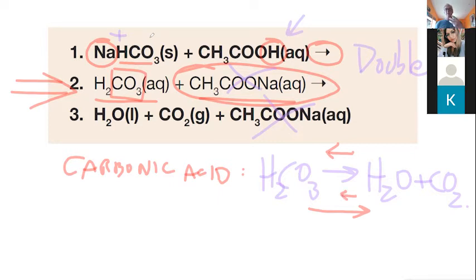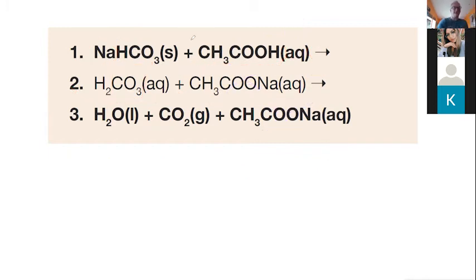So you see very little carbonic acid and you see more H2O and CO2. So it's in equilibrium, but that equilibrium favors the production of H2O and CO2 by quite a lot. And if we look at carbonic acid, it looks like this.